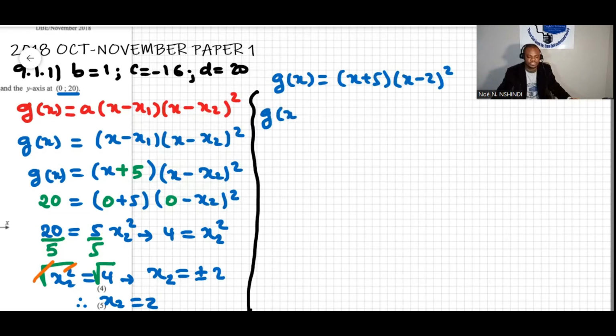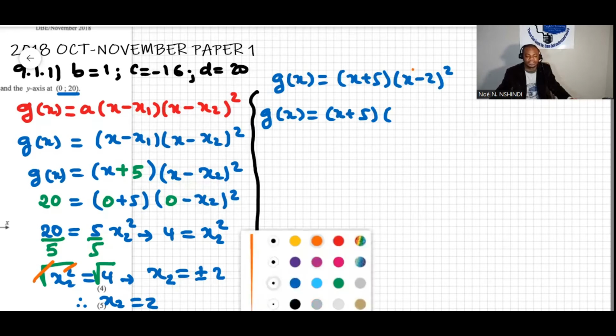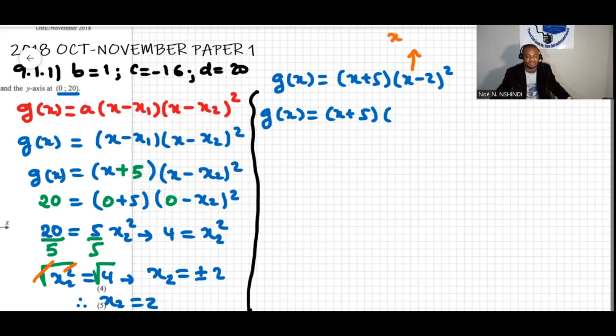This will be g of x equal to x plus 5 times x minus 2 to the power of 2. Be careful, this is not the same as x squared minus 4 squared.